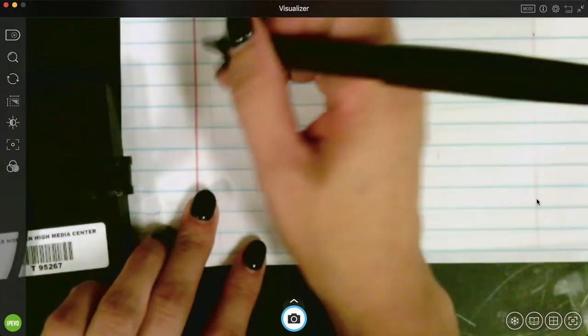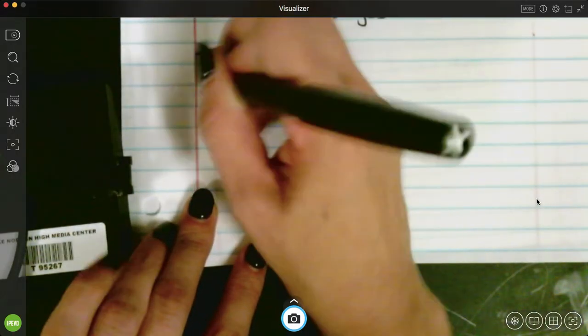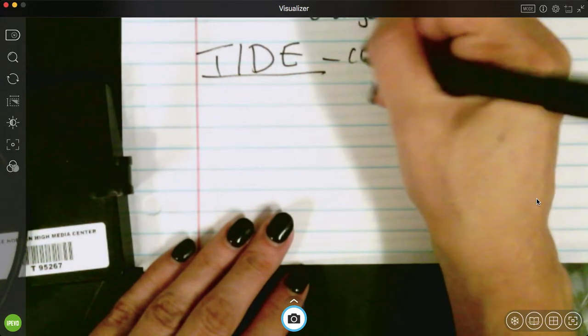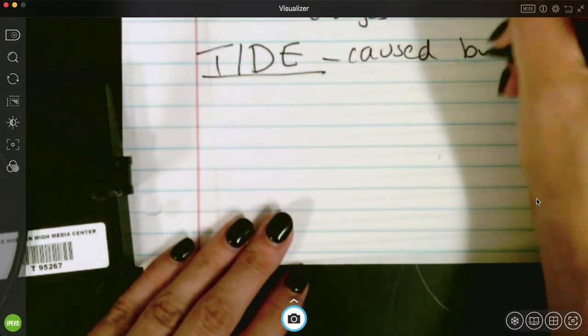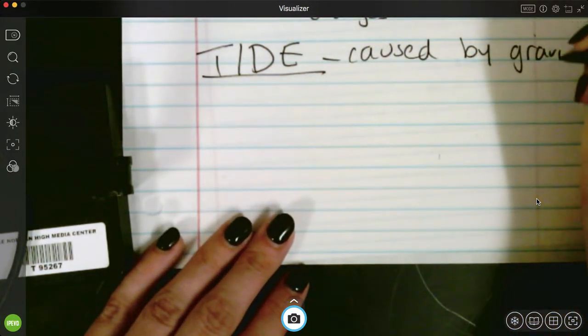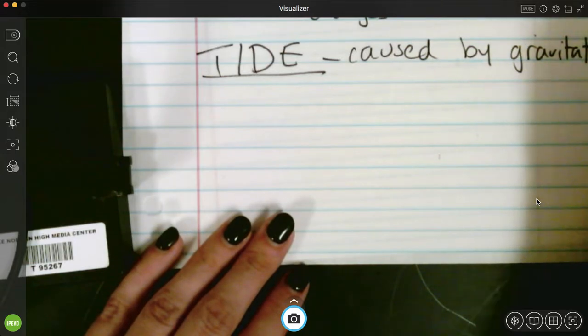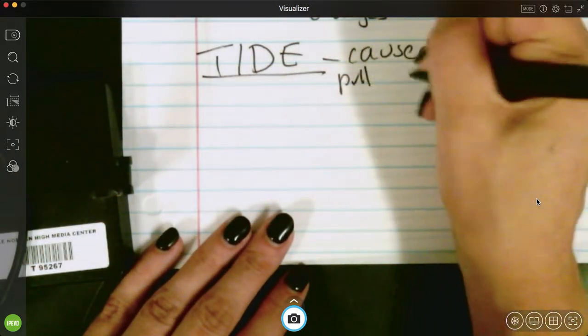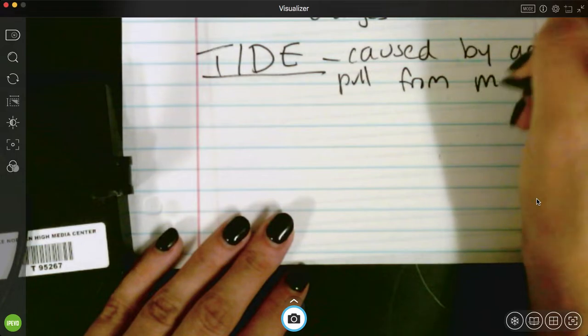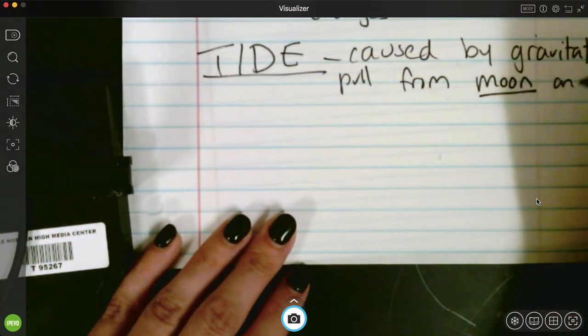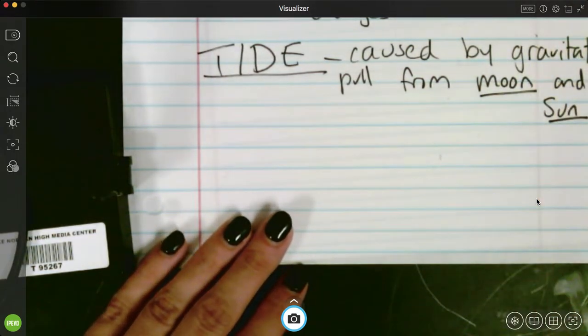So, tides, remember, are caused by gravitational pull from primarily the moon and to a certain extent the sun.